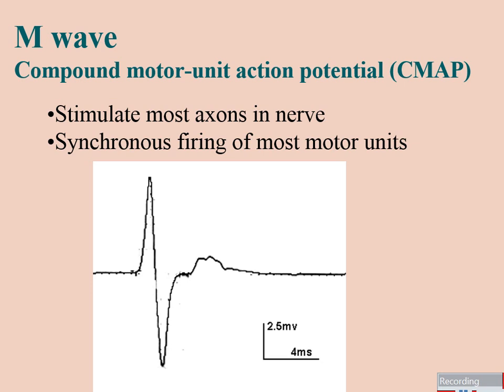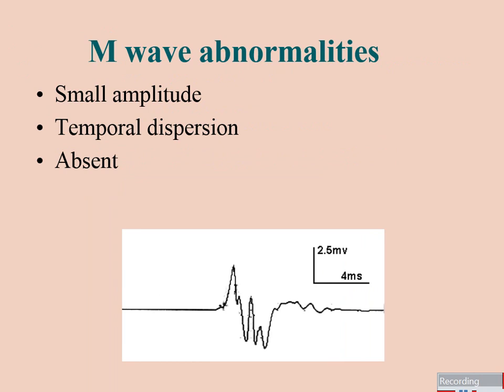And so we can then look at that and see how well is that nerve communicating with the muscle. If we've lost axons, if we have conduction block in that nerve, then we'll see a shrinkage of the amplitude. That normal one you saw before was about 6 millivolts. This one's shrunk down to 2.5 millivolts in amplitude.